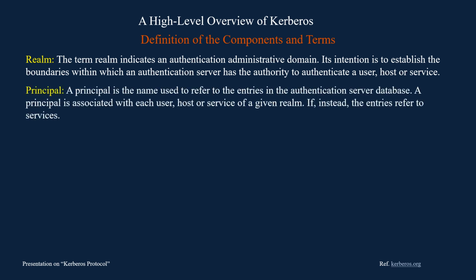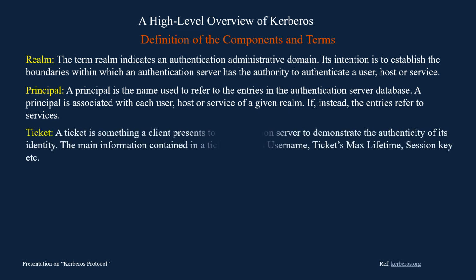Principal is the name used to refer to the entries in the authentication server database. In the simplest way, it is the username that we use to log into D2L or Gmail account. A ticket is something a client presents to an application server to demonstrate the authenticity of its identity.